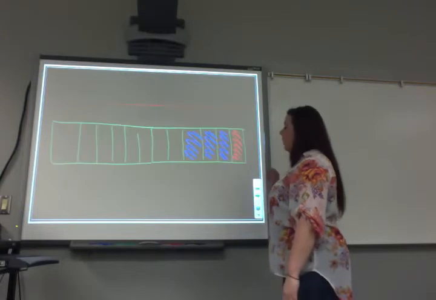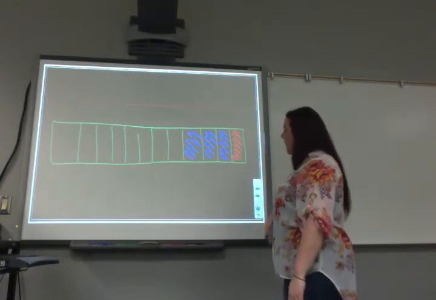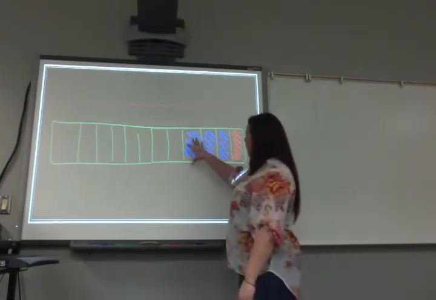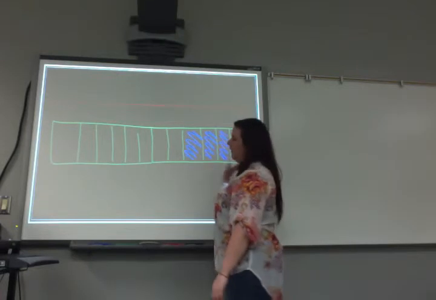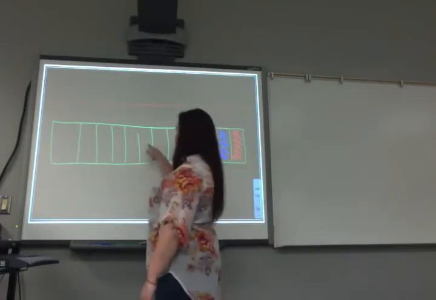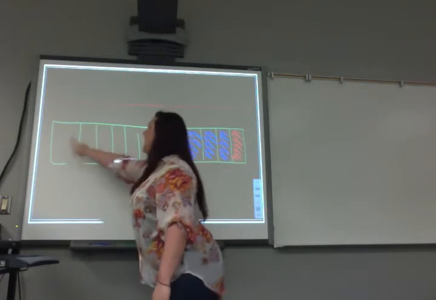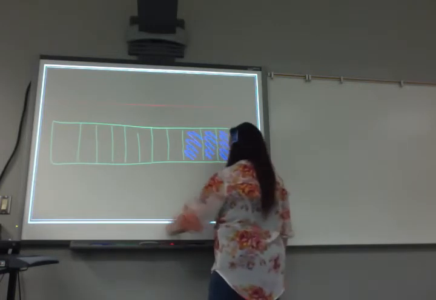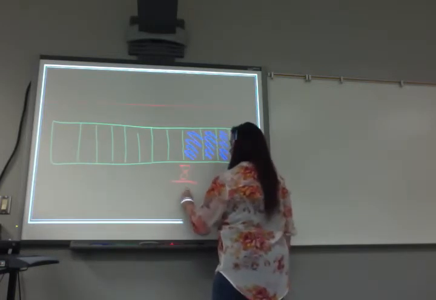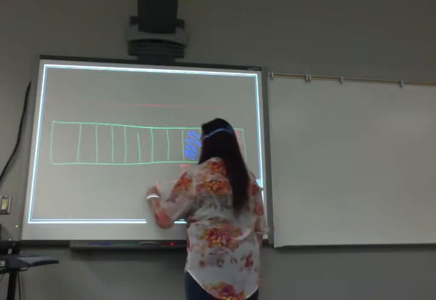So we're going to figure out what fraction of the ribbons are yellow. So we have 4/12 here that aren't yellow, and then we have 1, 2, 3, 4, 5, 6, 7, 8/12 that are yellow.